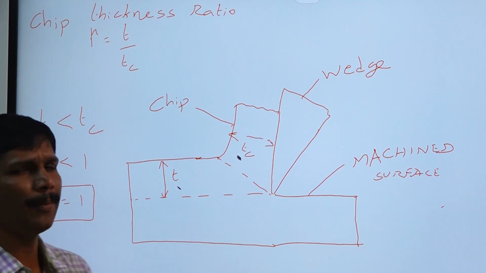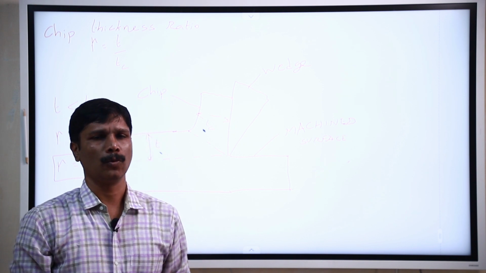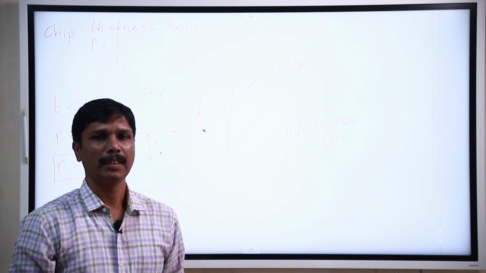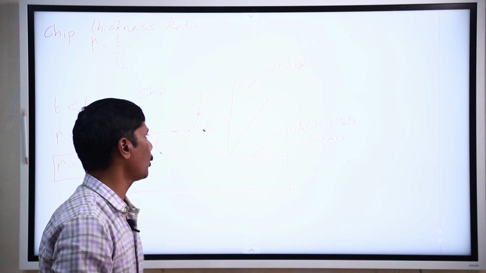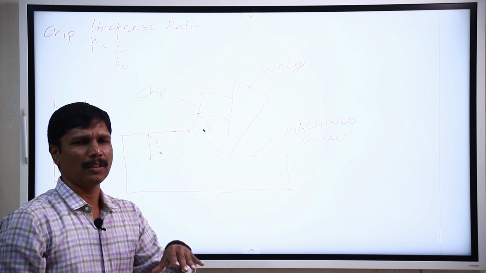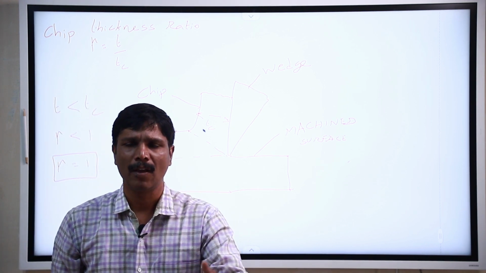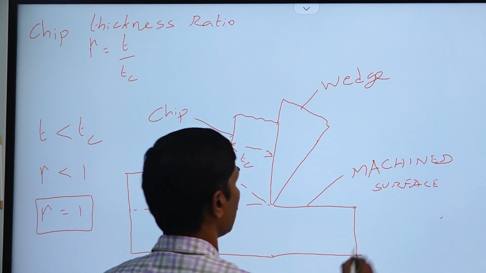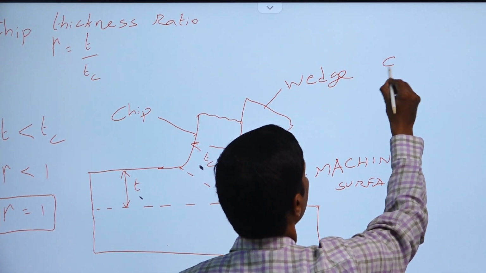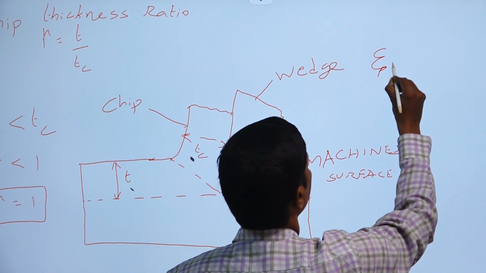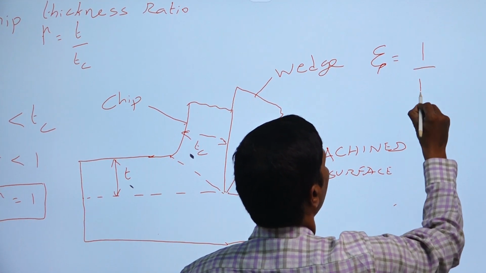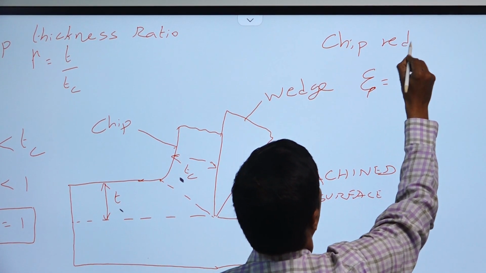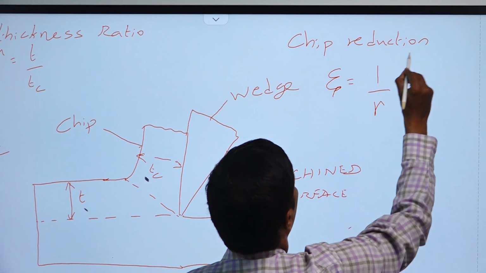So this is the first term I want to introduce to you: chip thickness ratio. The next term we are going to discuss is its inverse. Whatever the variable is, we can take its inverse and name it. The inverse of the chip thickness ratio is called the chip reduction coefficient.